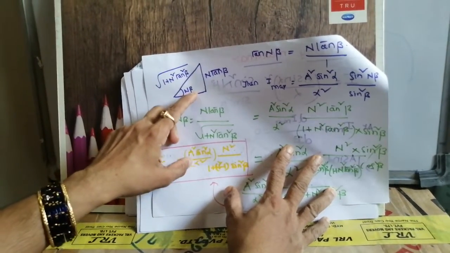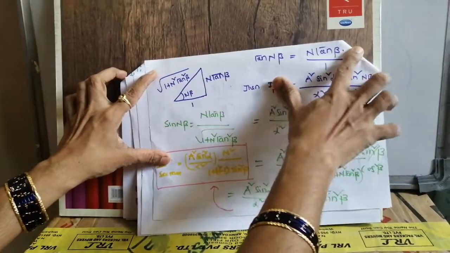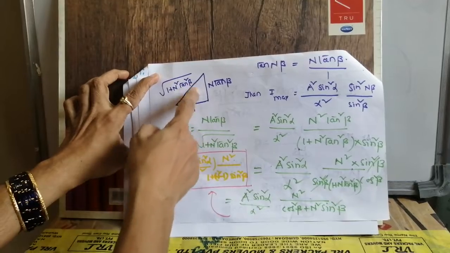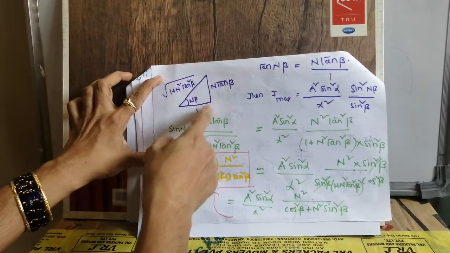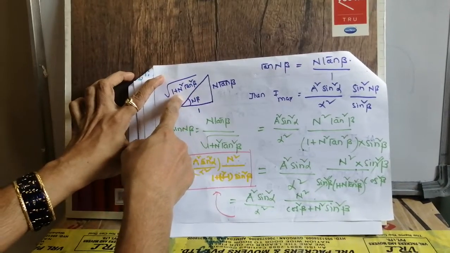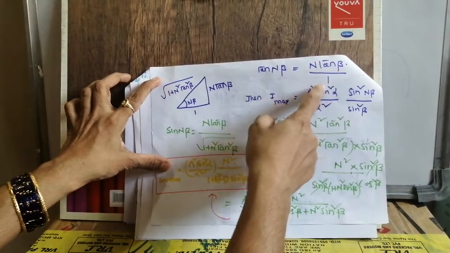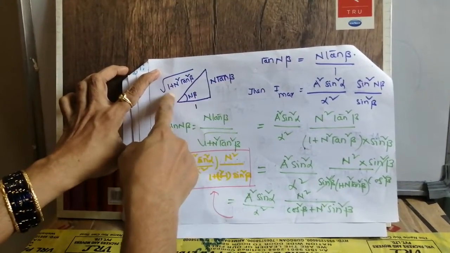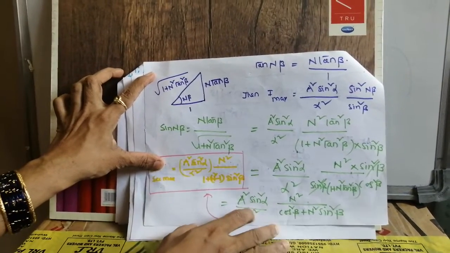Tan n beta equal to n tan beta. Opposite side is n tan beta. Adjacent side is 1. So the hypotenuse, the square root of the sum of squares of these two sides, is root of n square tan square beta plus 1. Then sin n beta equal to opposite side by hypotenuse, n tan beta by root of 1 plus n square tan square beta.